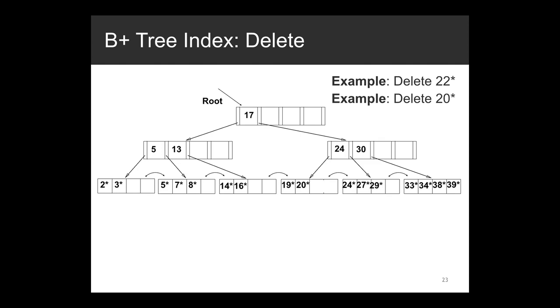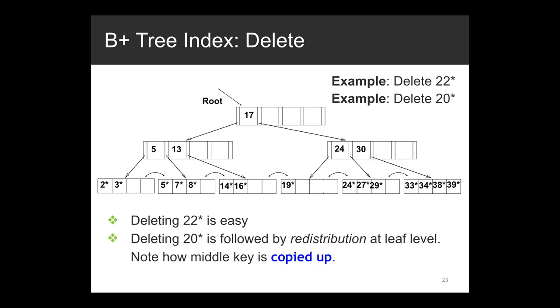Now you're asked to delete a record with search key 20. Again, you chase the correct entries, you come here, and then you delete that record. But now you're stuck because you have to do something with this leaf page. You cannot have less than 50% occupancy. So you try to redistribute the keys from your siblings. Look at your left sibling. It's already at 50% occupancy, so you cannot borrow from your left sibling.